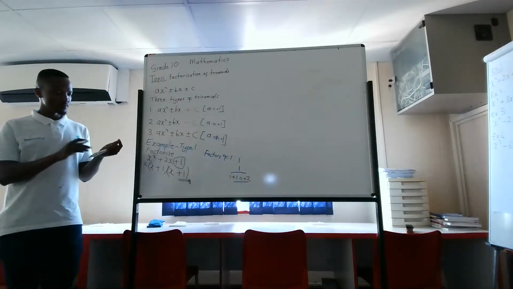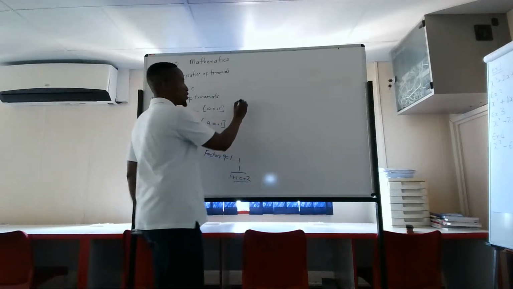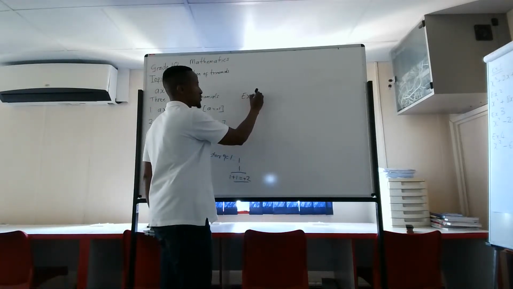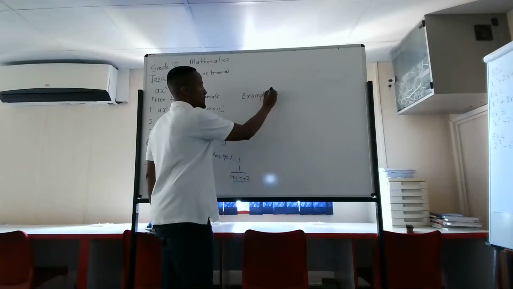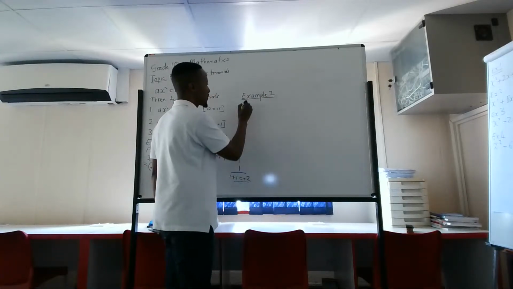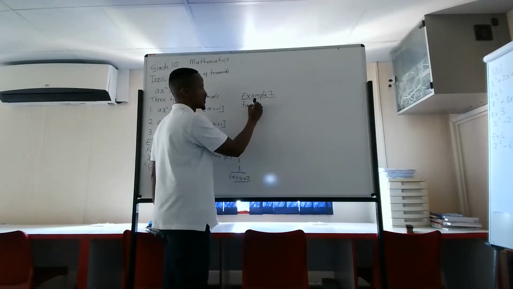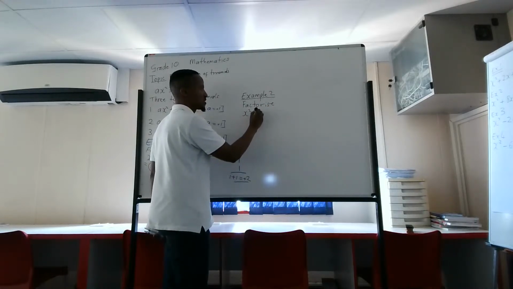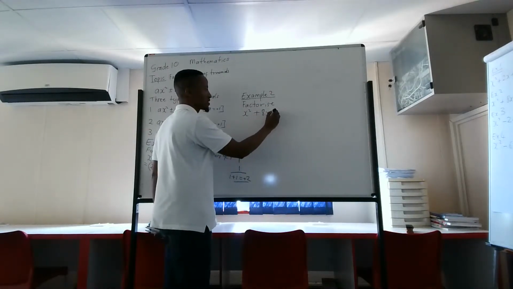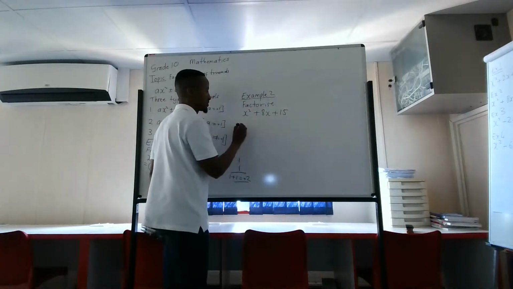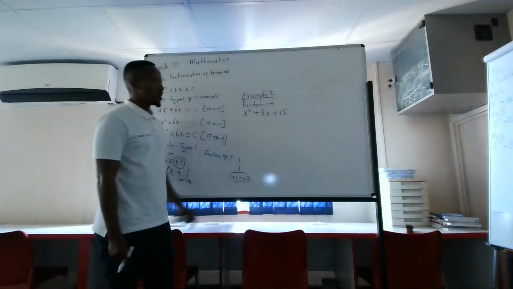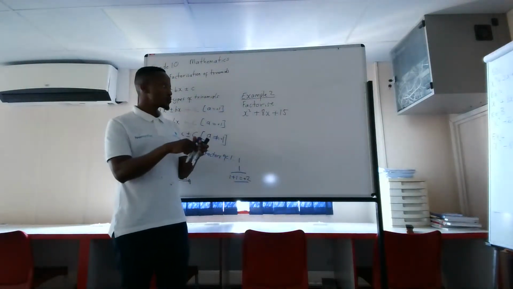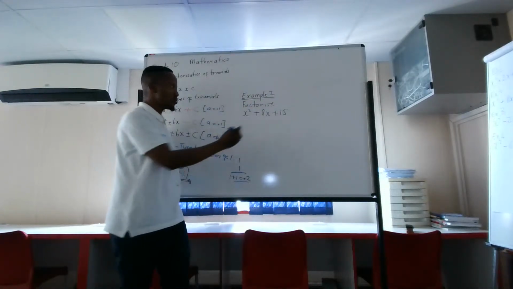The second example, example 2. Let us factorize x squared plus 8x plus 15. Our trinomial also has the last term as positive.